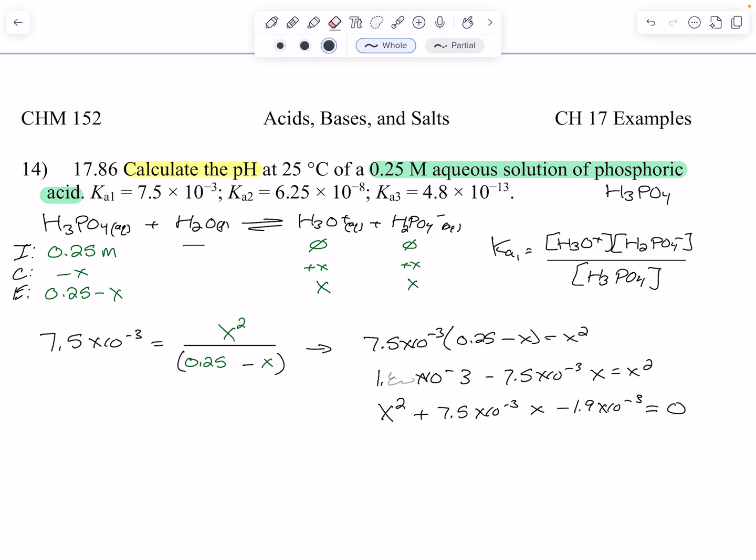So we're going to erase that and put a 9 there. So X should equal, if we do our quadratic, I'm getting 0.04.